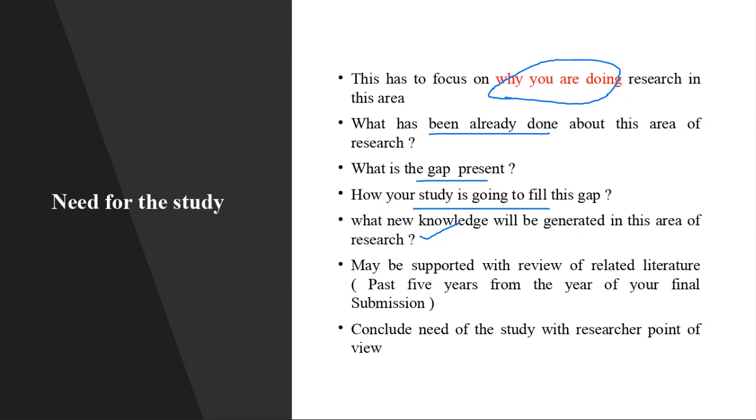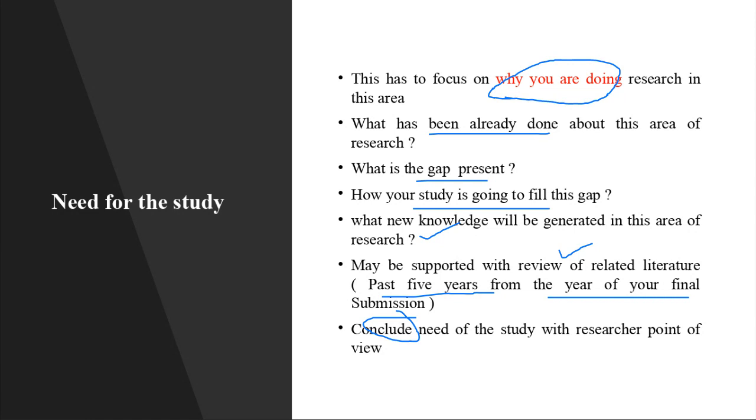Of course, this can be done only with the review of related literature. Please remember, you have to review related literature for the past 5 years from the year of your final submission. Conclude the need for the study with the researcher's point of view. Also check the spelling when you are writing.